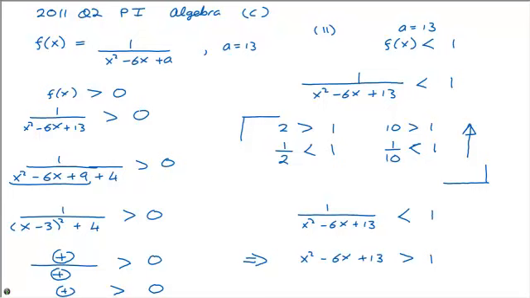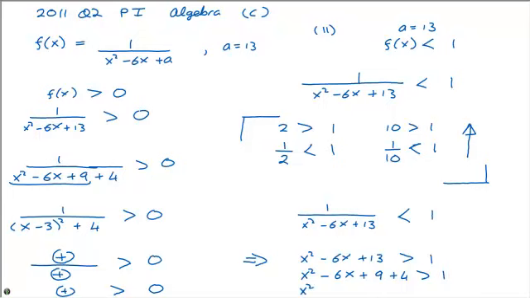And if we can show this to be true, well, then we can infer backwards that our original statement was correct. So x squared minus 6x plus 13, but we know that's 9 plus 4, of course, greater than 1.